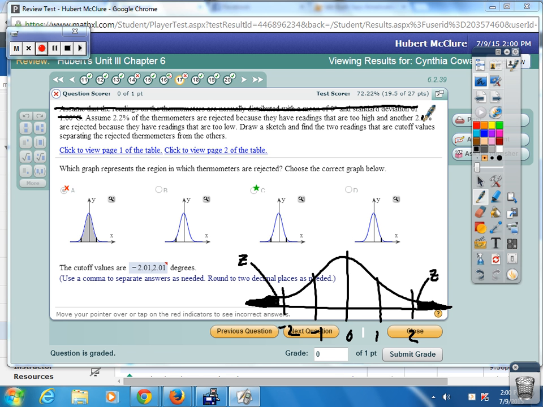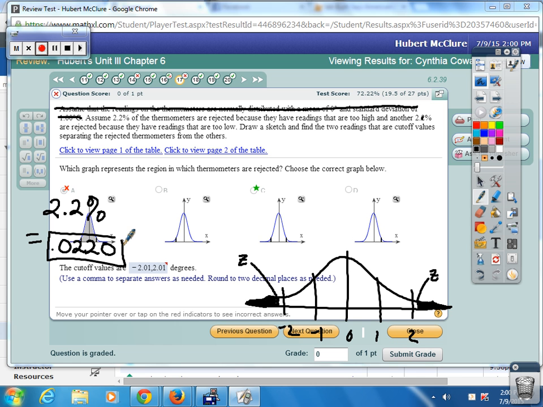So we go to our left side table, and we got to change this. 2.2% is equal to 0.0220. And why did I put it in 4 digits? So you would look for an area of 0.0220.